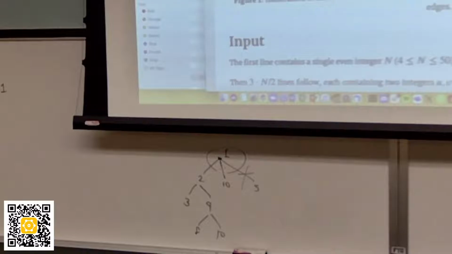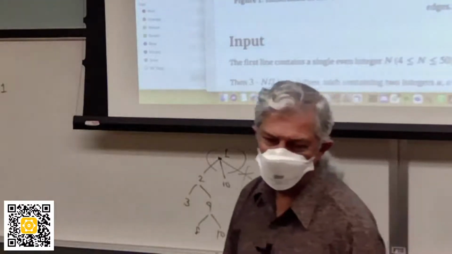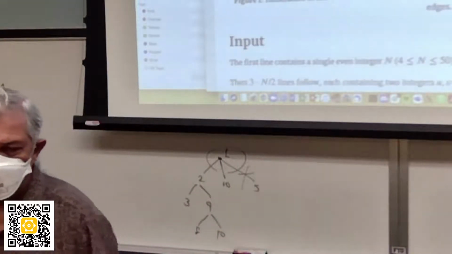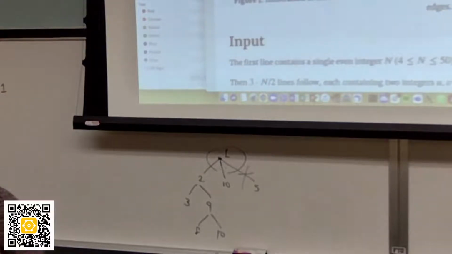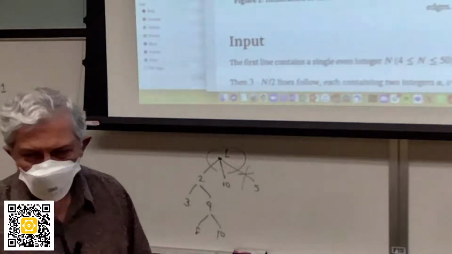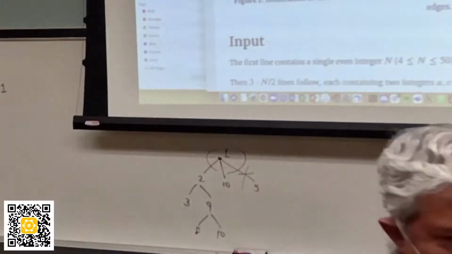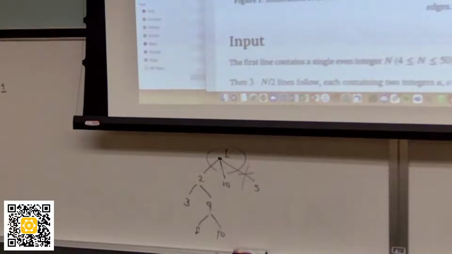It's just that if you prune things properly, it'll be manageable exponential. I don't know the right bound, but it's going to be manageable. I think it's 2 to the n over 2 or 2 to the square root n or something like that. I don't remember the bound.